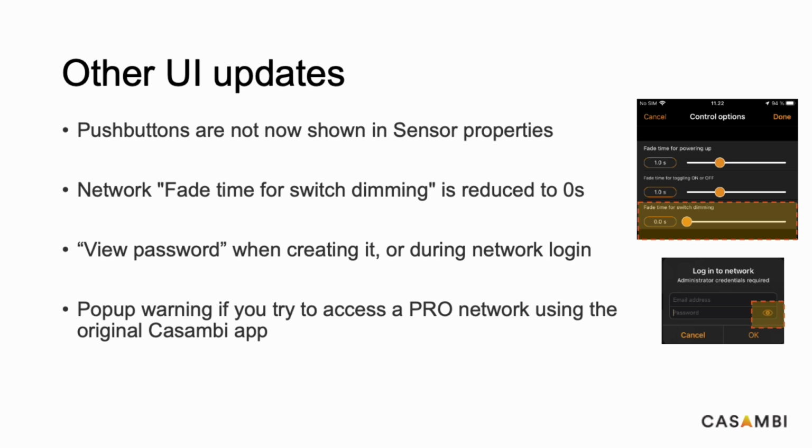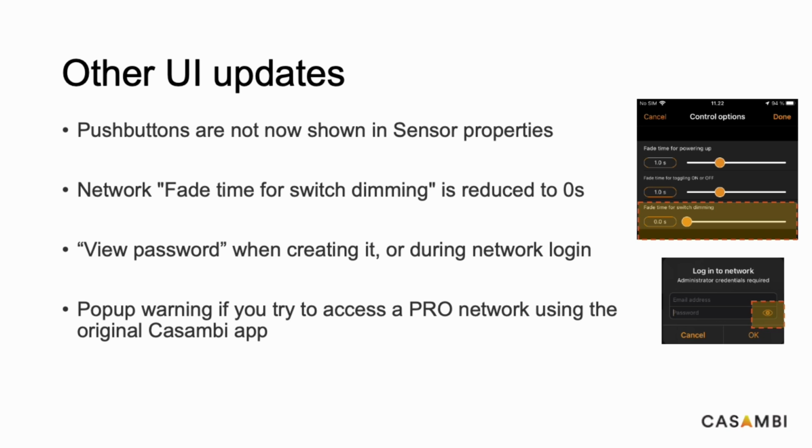And one final update is that there's now a pop-up warning if you try and access a network that's created with Casambi Pro from the original Casambi app. So there's a pop-up warning that says the network was created with Casambi Pro, and if you do any changes to the network, you can't do any more changes to the network or any other networks that are in the same project using Casambi Pro.